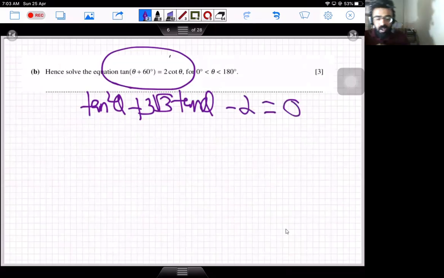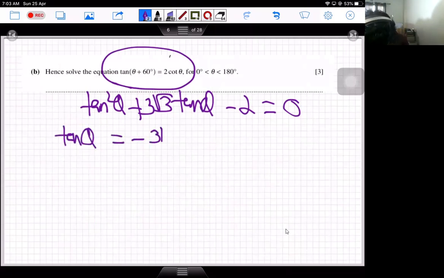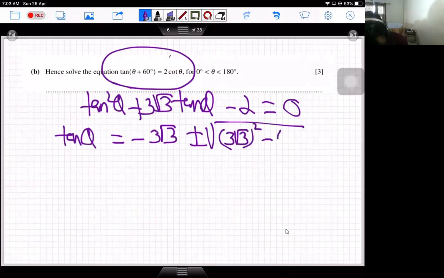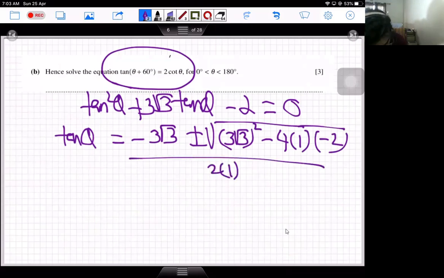And now here you can apply the quadratic formula. So tan theta is equal to minus 3 root 3 plus minus under root of 3 root 3 whole squared minus 4 times 1 times minus 2, and then divided by 2 times 1.